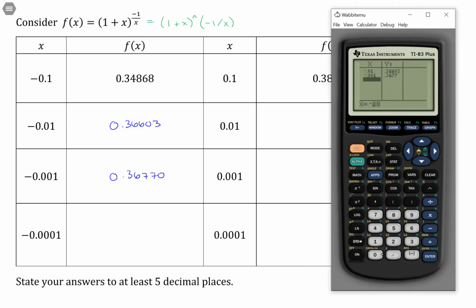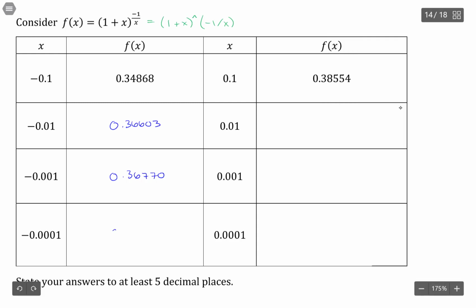And at negative 0.0001, that is 0.36786.